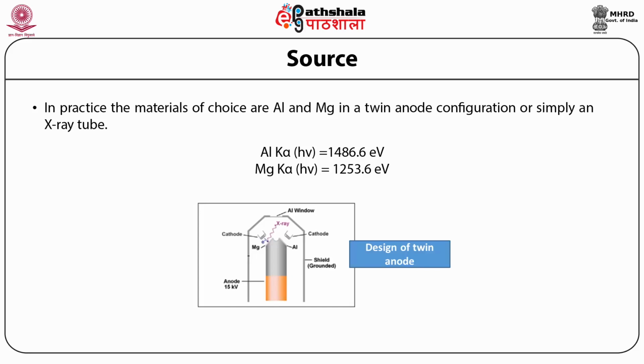The other could be magnesium, and the energy here is 1253.6 electron volt. The design has been shown in this slide, and this is referred to as the design of twin anode.